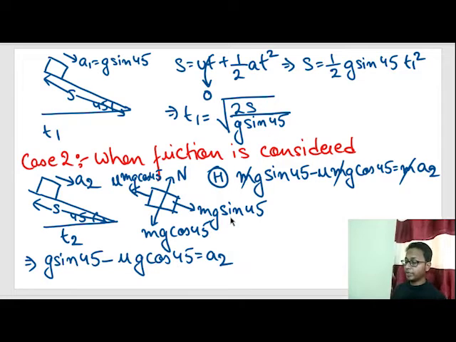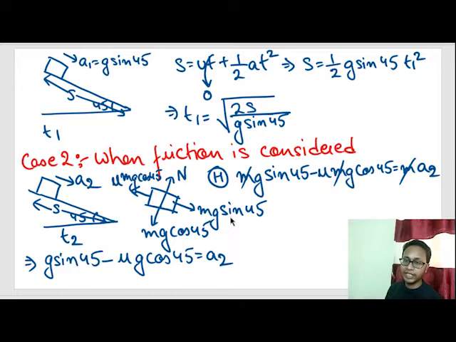Now, I am using a property. If you don't do this next step, your answer will come the same. If you do this next step, your answer will also come the same. I am just doing it because it will be much shorter. I know that sine 45 is equal to cos 45. Why? Because sine 45, cos 45, tan 45 and cot 45 all are the same.